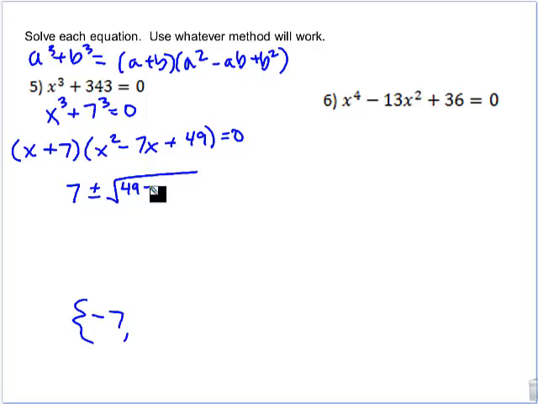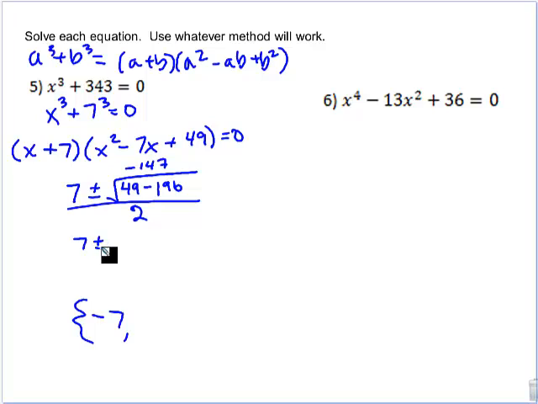So 4 times 1 times 49. Yeah, 196. Then all over 2a. So 2. All right, 49 minus 196. What is that? Negative 147.